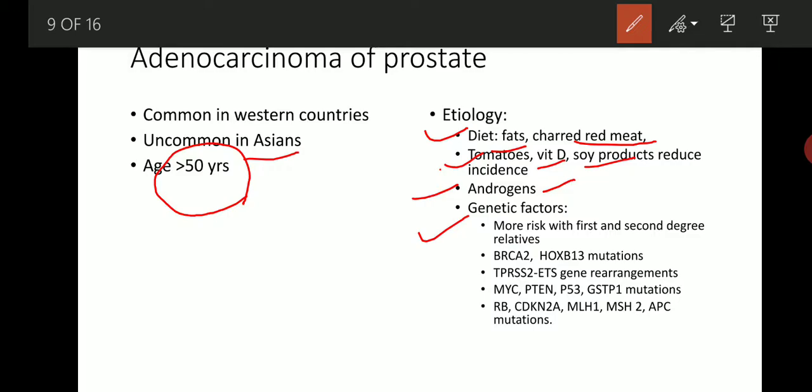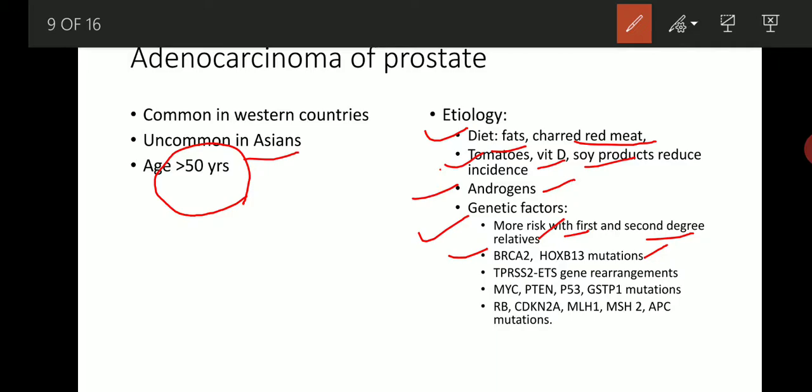Numerous genetic factors have been identified, the most important being the BRCA2 and HOXB13 mutations. Persons who are first degree or second degree relatives of patients of prostate cancer have an increased risk of development of prostate cancer.